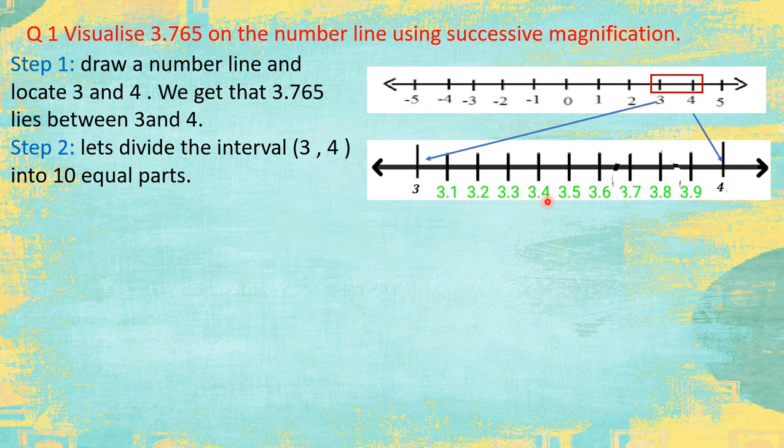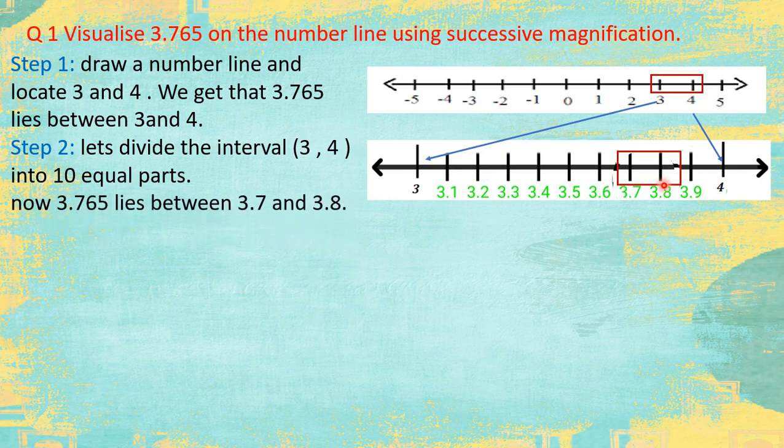So these are the 10 equal parts between 3 and 4. Now in this figure we observe that 3.765 lies between 3.7 and 3.8.